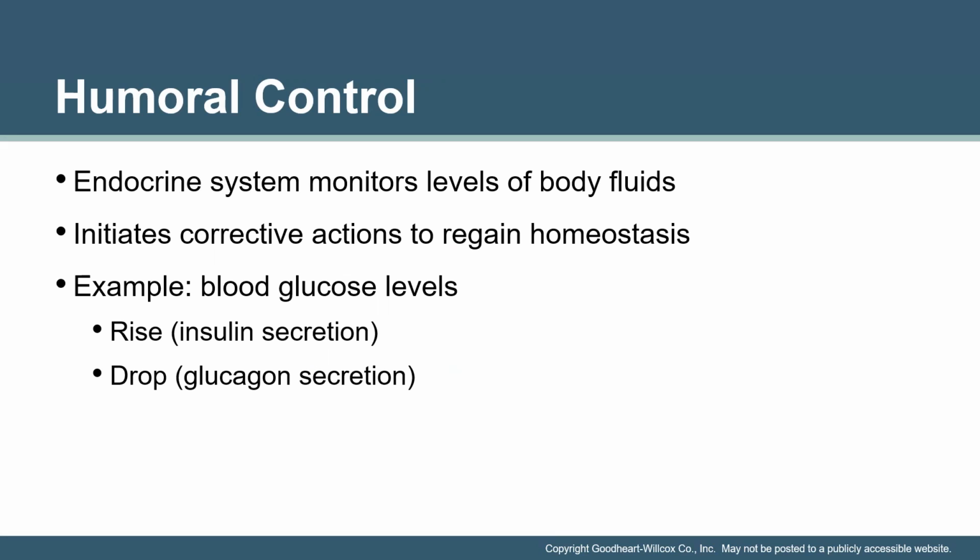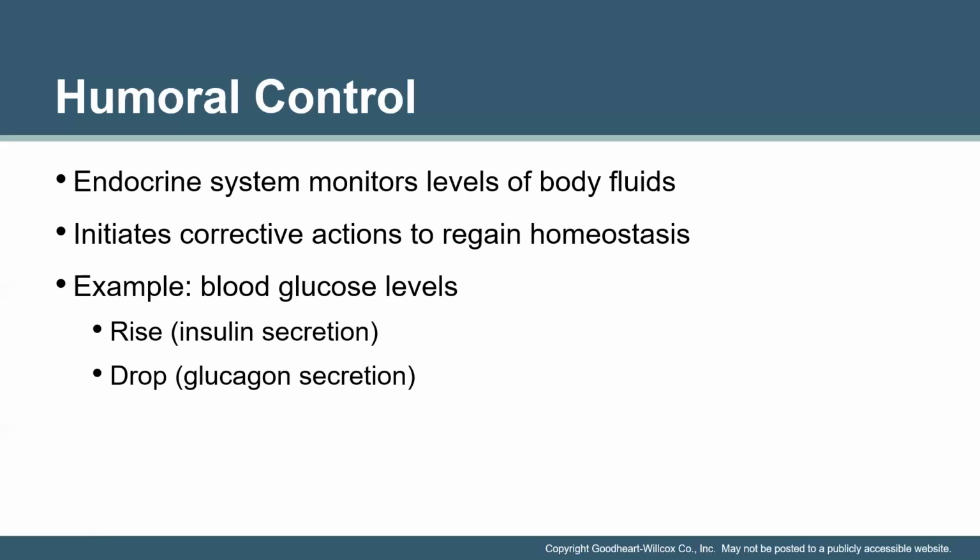Okay, so for example, if blood sugar rises, the pancreas will secrete insulin. Insulin then will stimulate the absorption of glucose by the cells of the body, which will inherently then lower the blood levels of glucose.